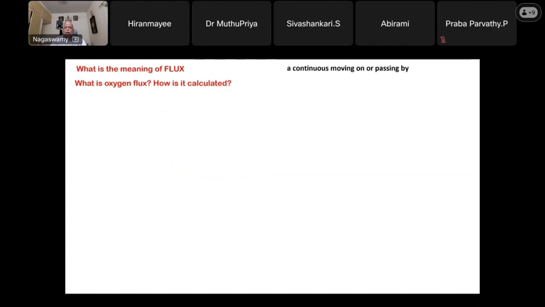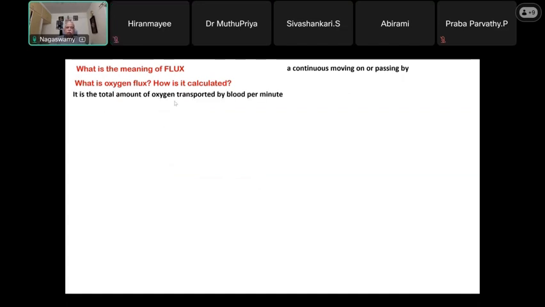Hemoglobin. Unlike carbon dioxide, which is mainly dissolved and converted into bicarbonate, oxygen is mainly carried by hemoglobin. So cardiac output and hemoglobin concentration are the two main factors which will determine the oxygen flux.